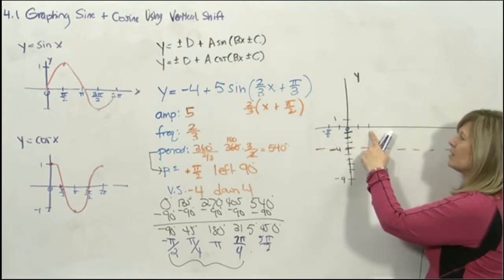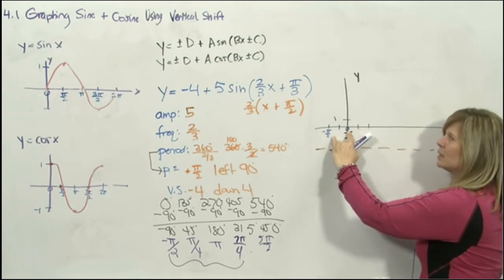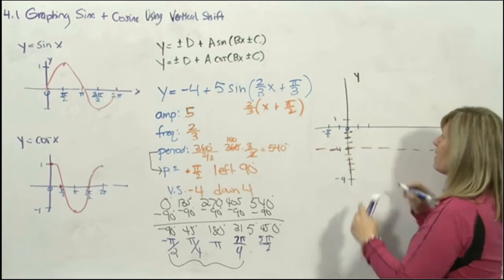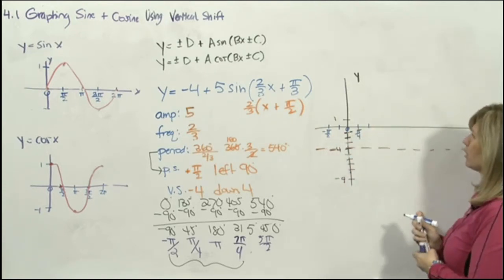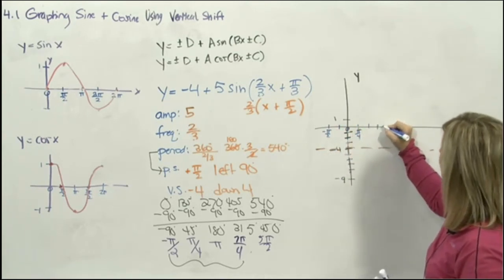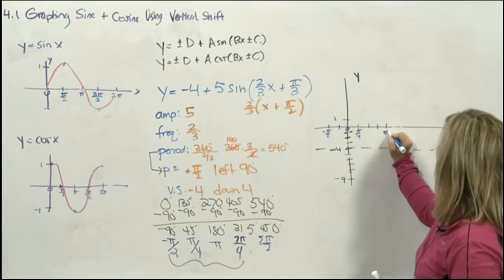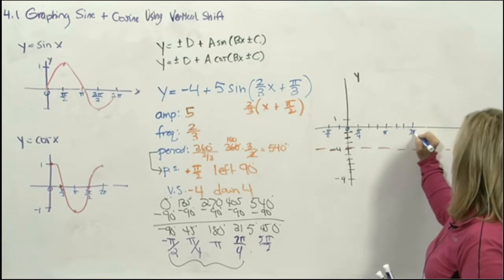No, that doesn't make sense. If you skipped a line, from here to here is 90, so if you only want 45 degrees, it'd be right up next to it. That'd be 45. So if you look, there's 1, 2, 3. So everything goes 1, 2, 3. Here comes 180. 1, 2, 3. Here comes my 7 pi over 4.